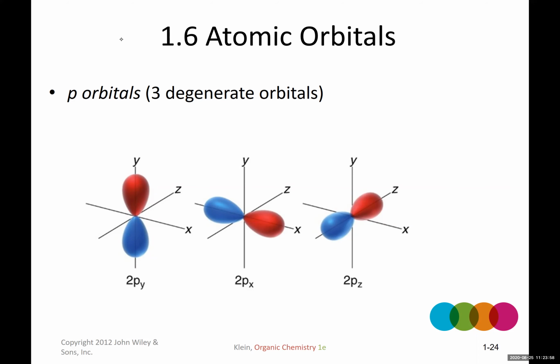They're oriented along the x, y, and z axes, right? So those are the only orbitals we have to be concerned with in organic. You don't have to worry about the d orbitals and so forth, just the s and p. I'll tell you about these colors and what they mean in a minute, okay?